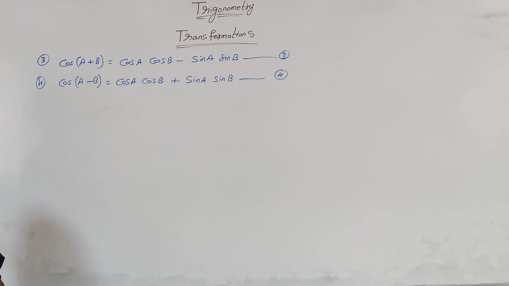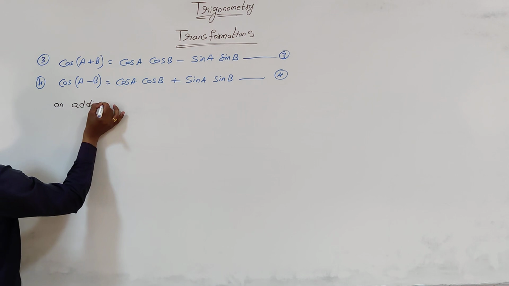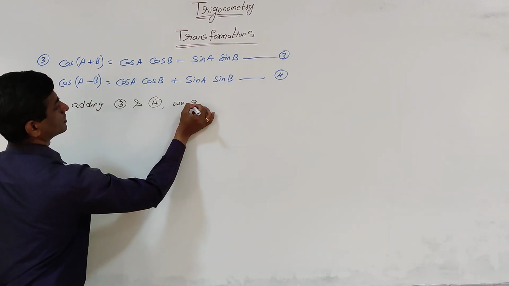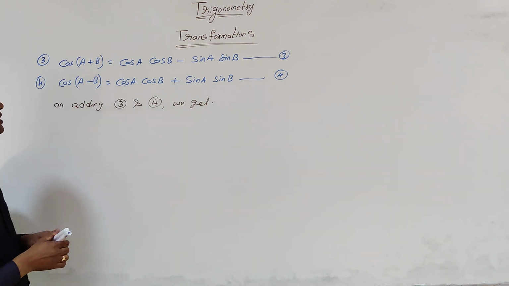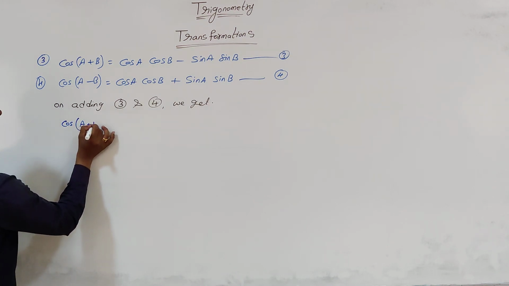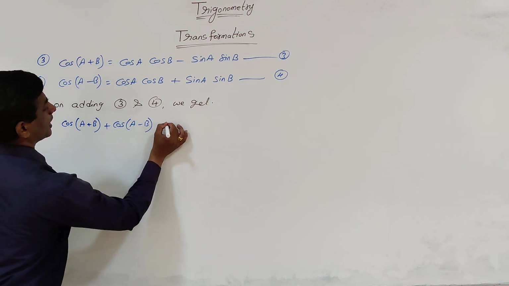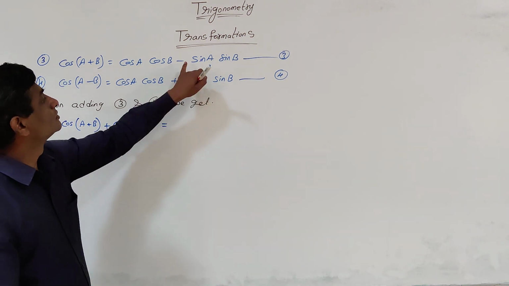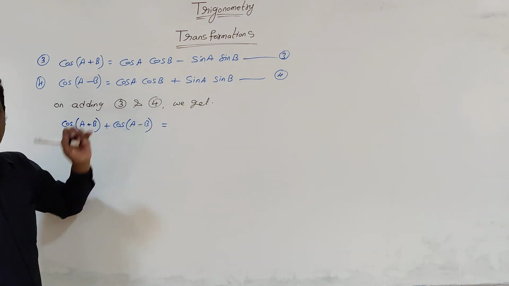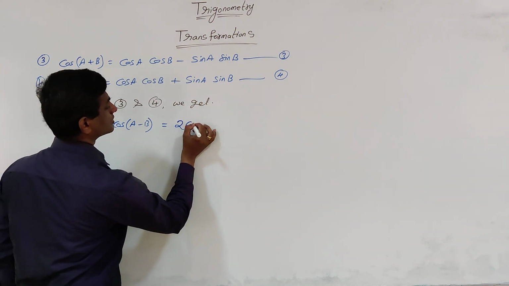Now on adding equations 3 and 4, we get on the LHS cos of A plus B plus cos of A minus B, and on the RHS minus sin A sin B plus sin A sin B get cancelled, and these two are like terms we can add. So cos A cos B plus cos A cos B is 2 times cos A cos B.